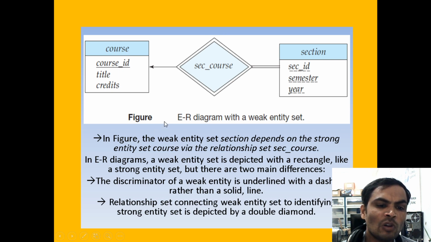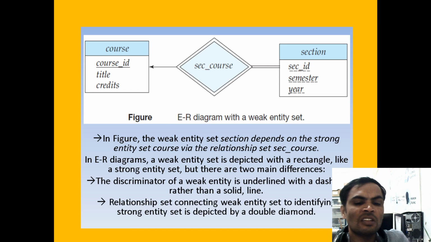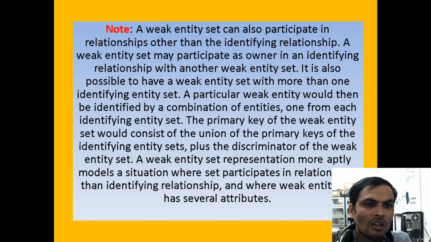Now the relationship connecting the weak entity set with the identifying strong entity set is shown with the double diamond symbol. Note here that the weak entity set can also participate in relationships other than the identifying relationship.